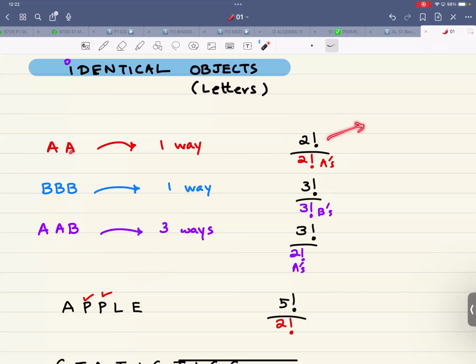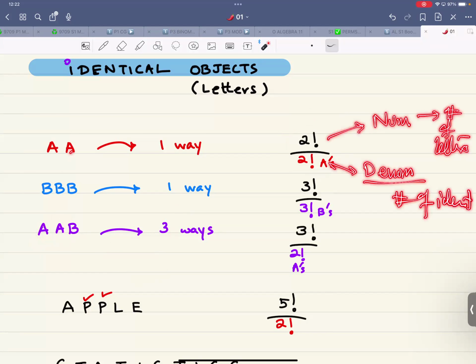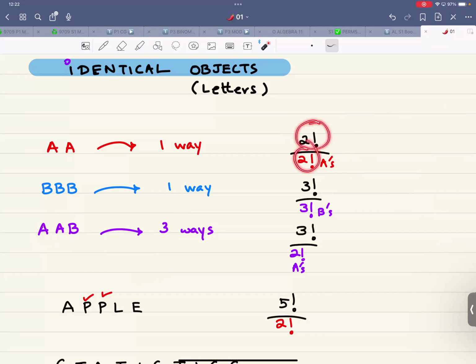The numerator corresponds to the number of letters, and the denominator corresponds to number of identical, to nullify the effect. So 2 factorial over 2 factorial for the 2 A's is one way. 3 factorial over 3 factorial for the B's is one way. But over here, 3 factorial divided by 2 factorial, because there are 2 A's which are identical.